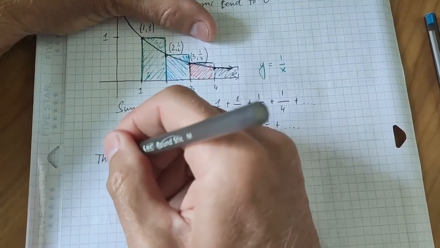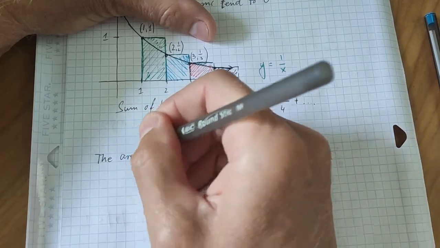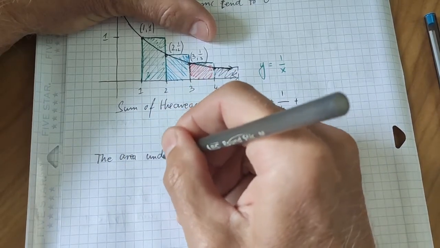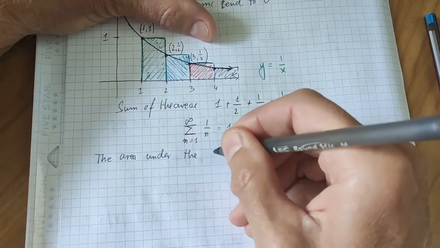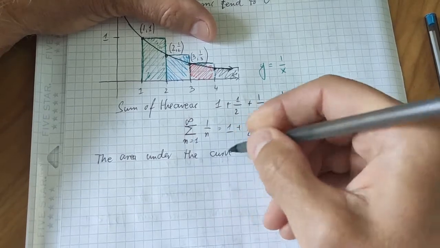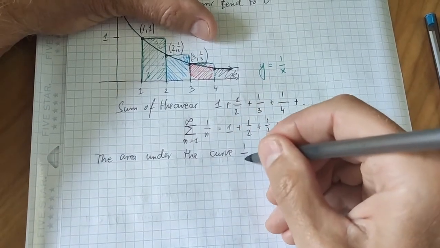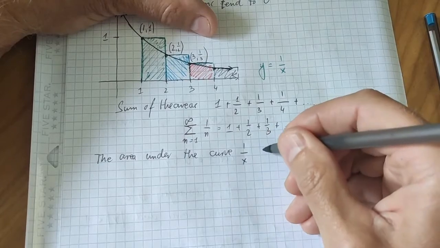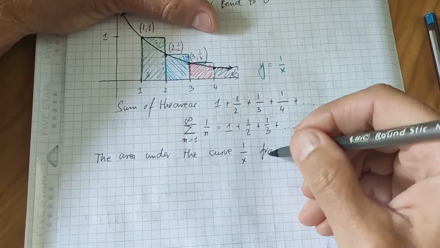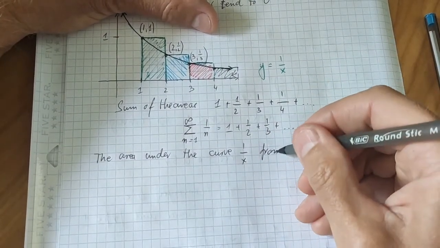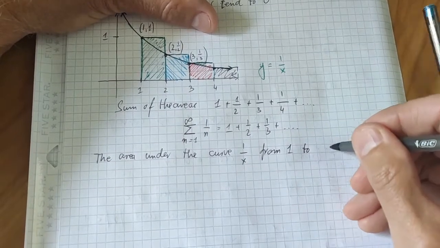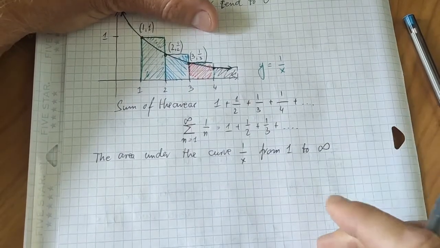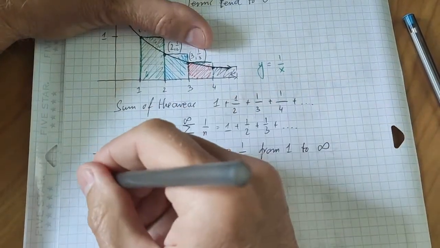So the area under the curve 1 over x, and we'll find that area from 1 to infinity, right? So you see that's going to be an improper integral.